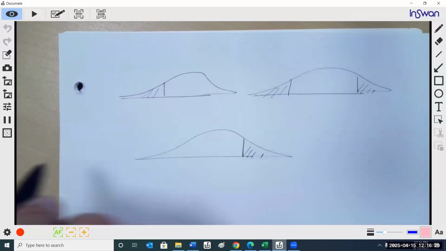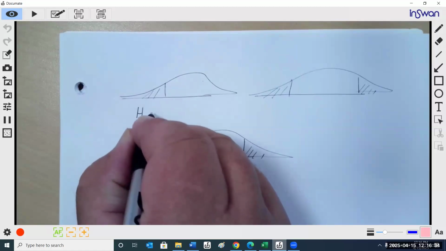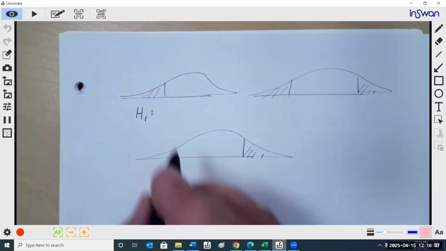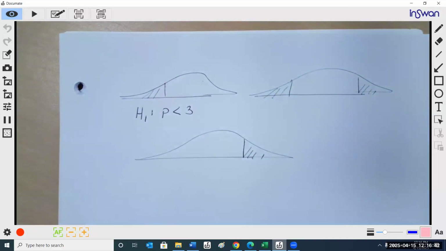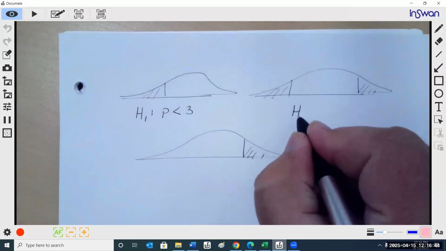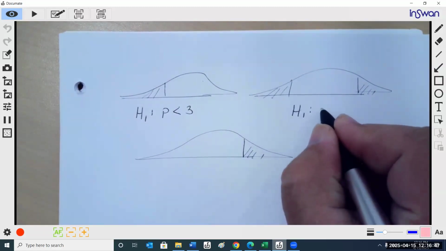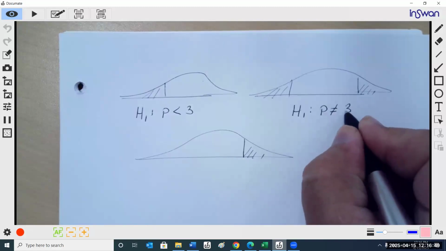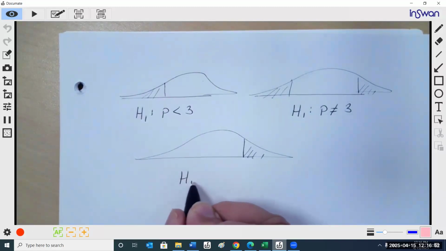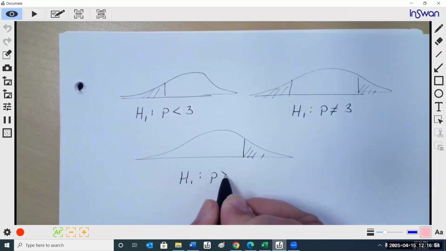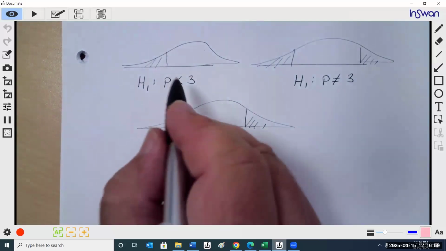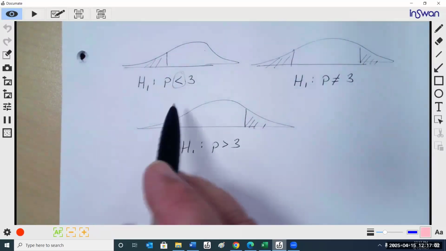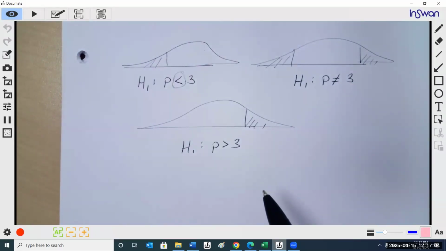The determination of which one of these graphs you have is determined by the alternate hypothesis, the direction the inequality points. There's no equality anywhere here. So it's the alternate hypothesis.